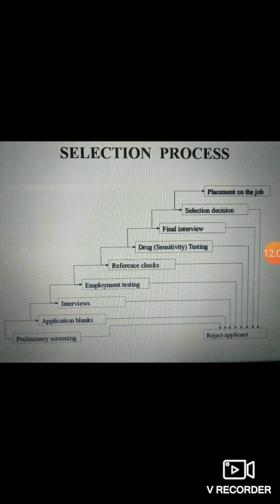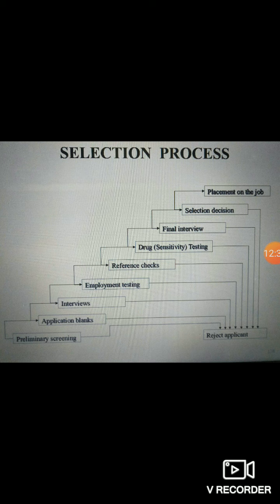That kind of test generally goes with some suspicious cases, but that is also a stage of selection. Here 2 to 5% will get rejected because no one will come knowingly drunken to the interviews, isn't it? So at the maximum only 2 to 5% we will get rejected at this stage.